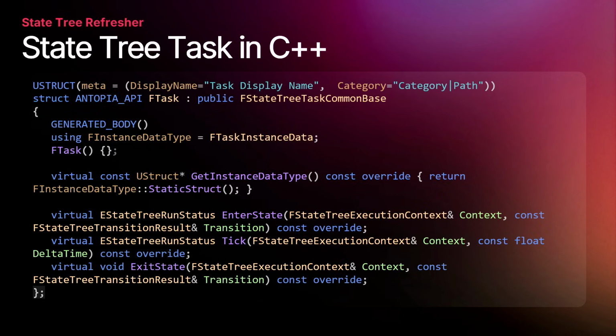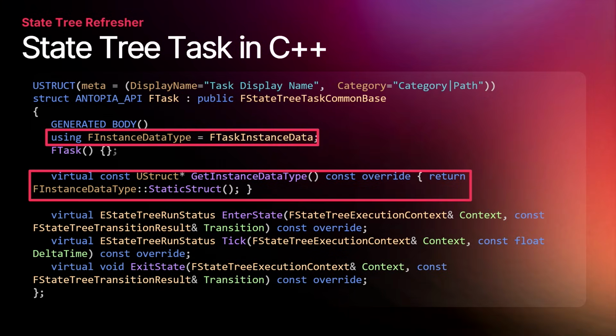Then you will need a structure for implementing your task. It's normally inherited from state tree task common base. And in there, you will need to define what per-instance data structure this task will use.